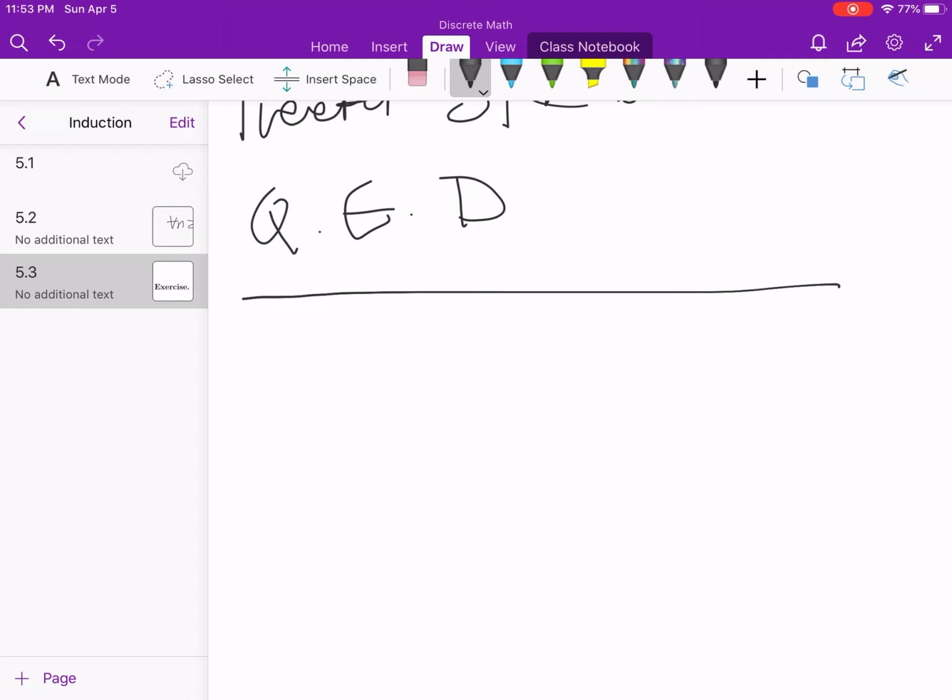You're trying to prove that 2 to the k is greater than or equal to k squared, something like that, for some value of k.